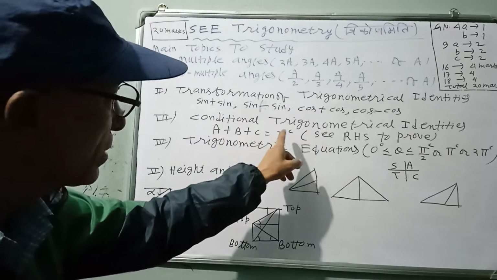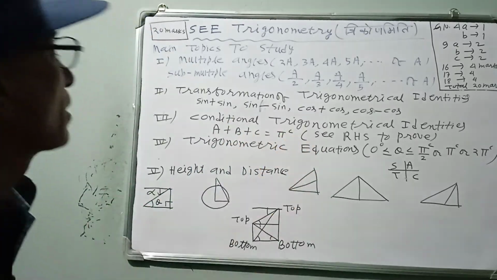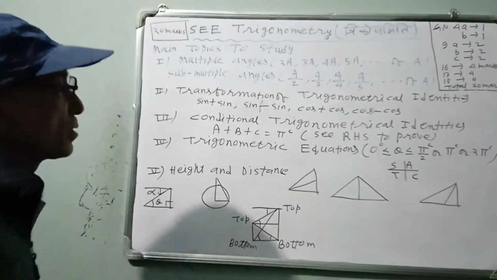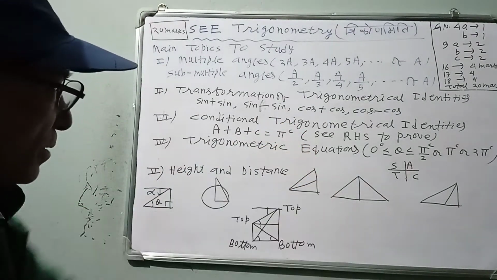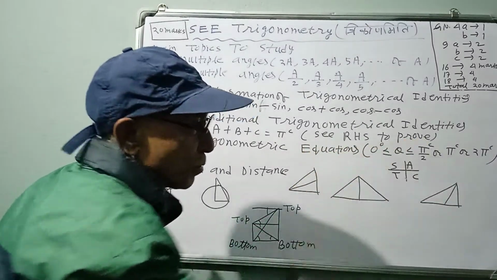If A, B, C are the angles of a triangle, it means A plus B plus C equal pi radian, 180 degree or 200 grade. See RHS to prove.